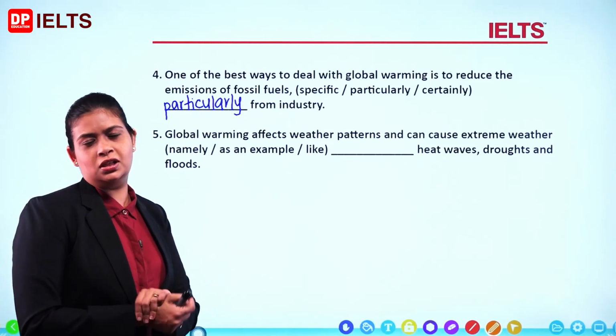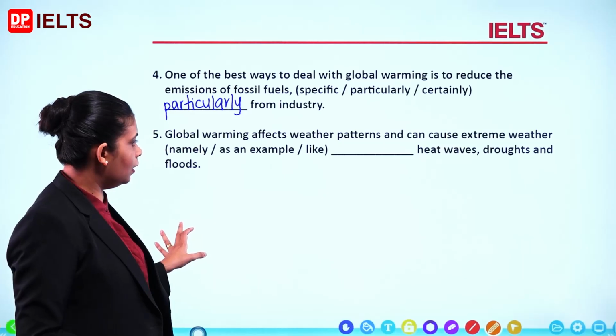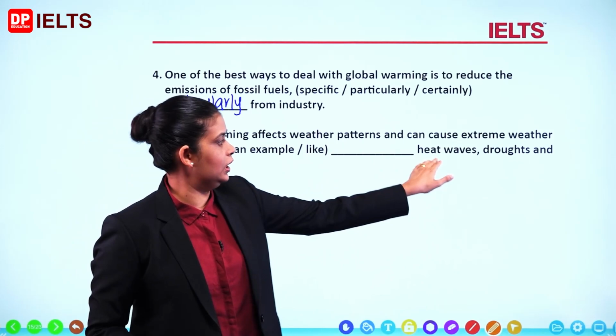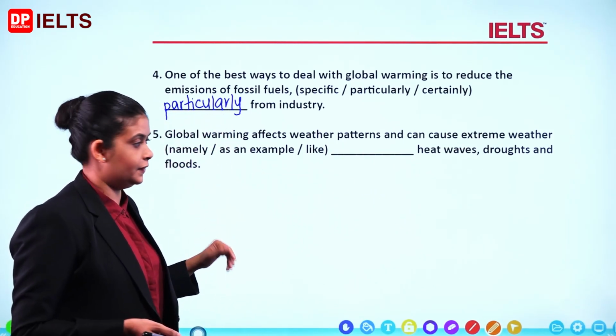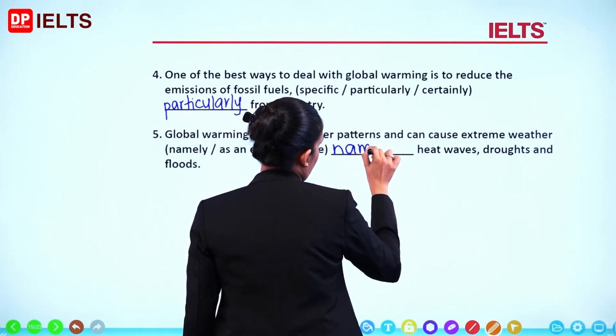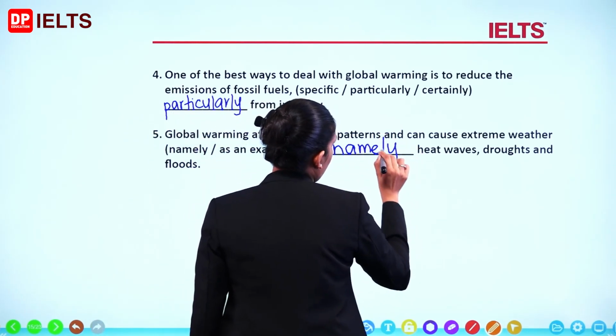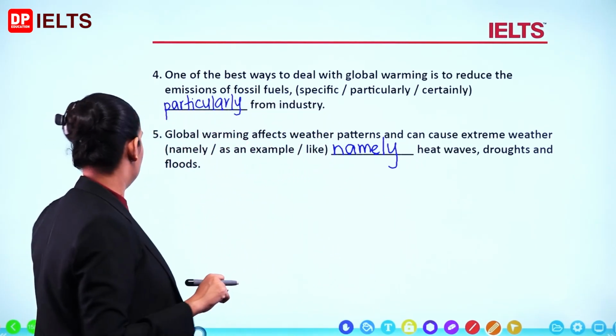So think about it and jot down the answer and then I'll put up the answer. So here you have a few heat waves, droughts and floods. So I would go namely, okay? Namely, heat waves, droughts and floods, okay?